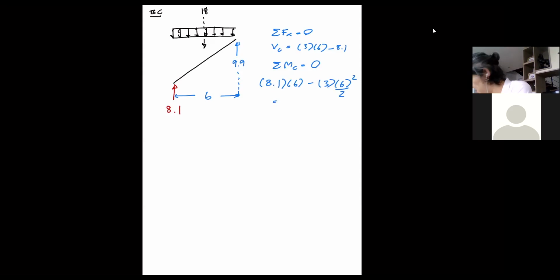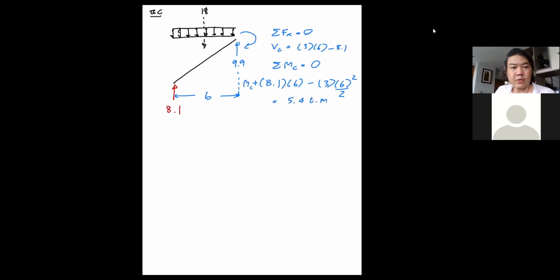So maybe I should do it properly. That's a moment. Okay, so MC plus that minus that. Okay, so we have MC equal to 5.4 ton-meter.